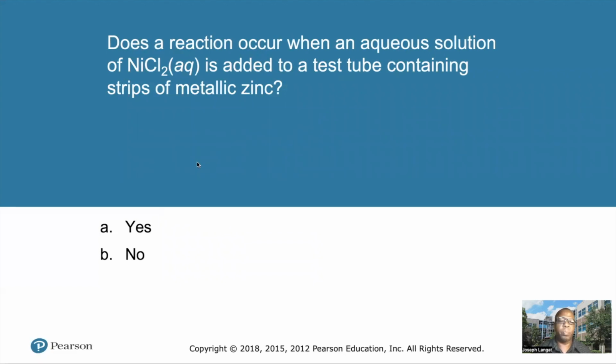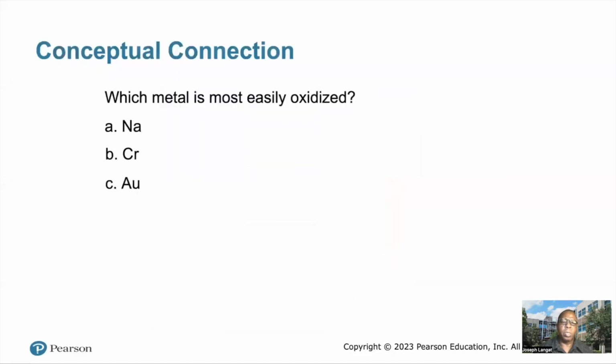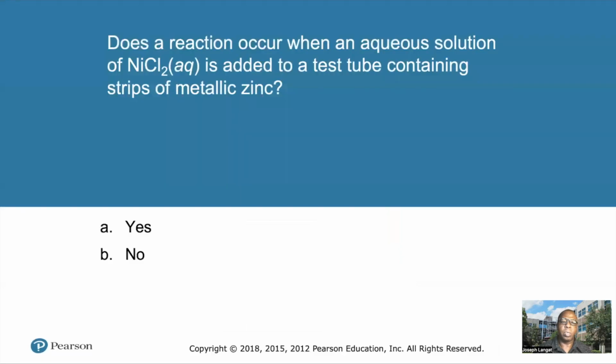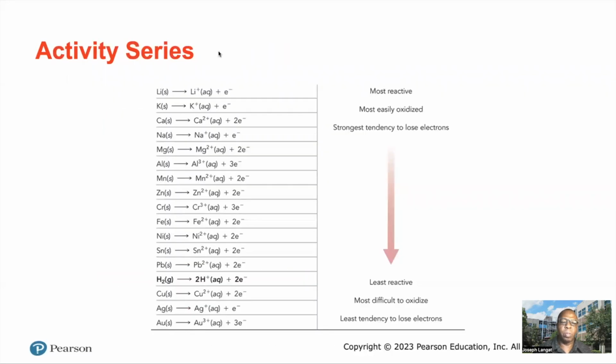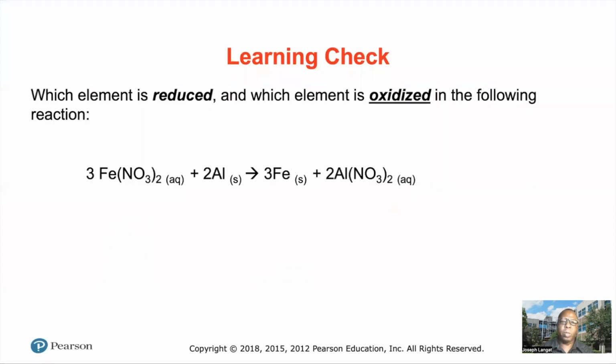If I look, zinc and nickel. So zinc will replace nickel because zinc is above nickel. In other words, nickel is not strong enough.